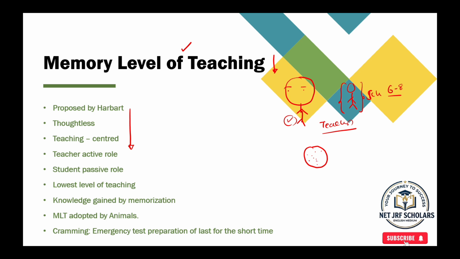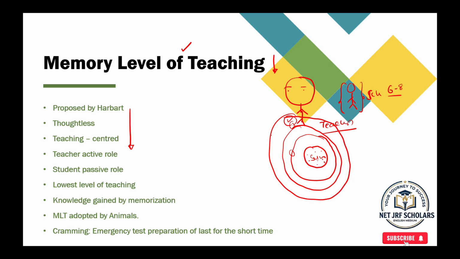They just say: sun, around the sun there are planets revolving, and one of those planets is Earth, farthest from the sun, and asked them to remember all the other remaining planets in the solar system. This is a small story and it is really helpful to understand this memory level of teaching.